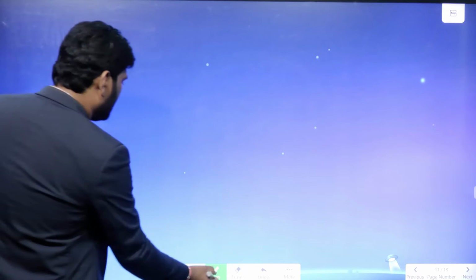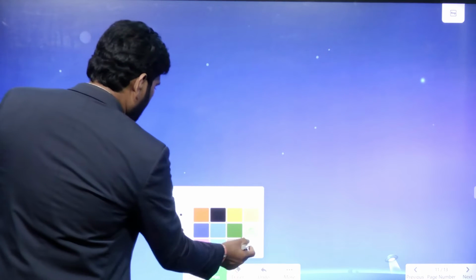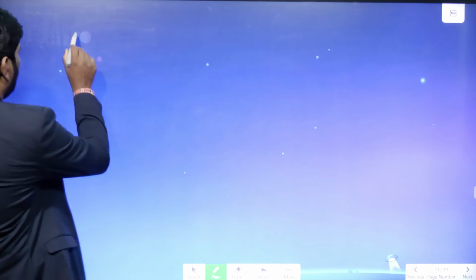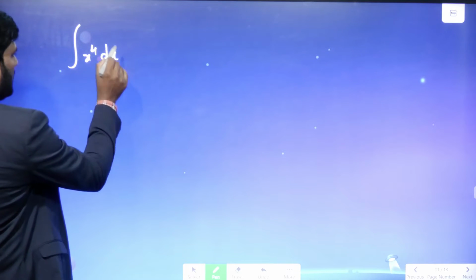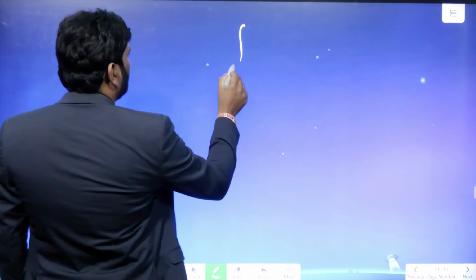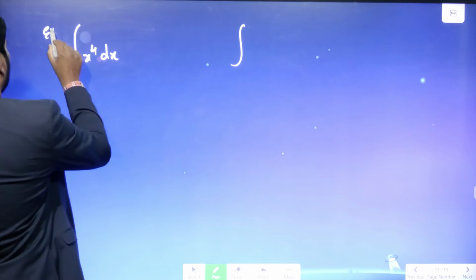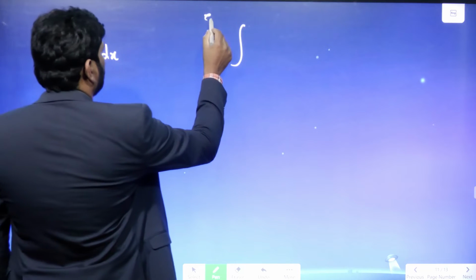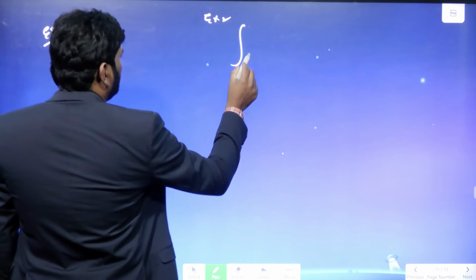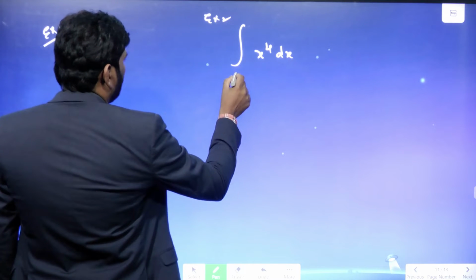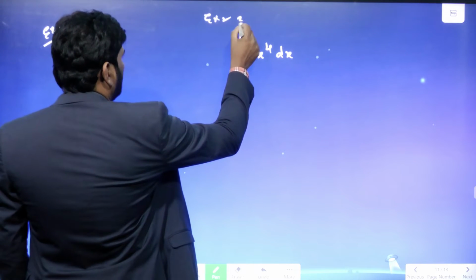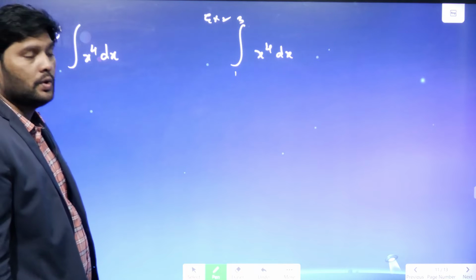I'll give an example for a better idea. Let's take integral x power 4 dx, and the same integral, this is example 2, integral x power 4 dx, but with limits 1 to 3.